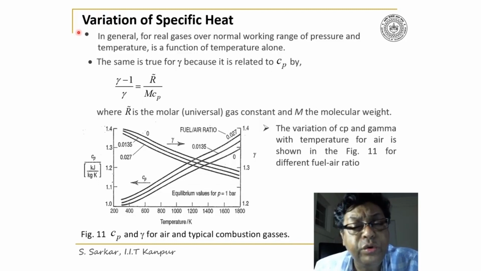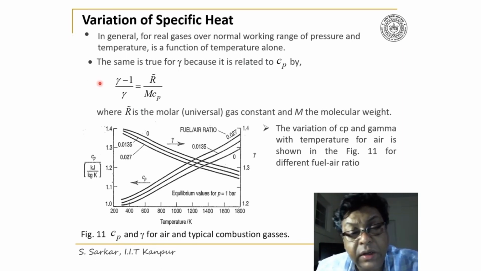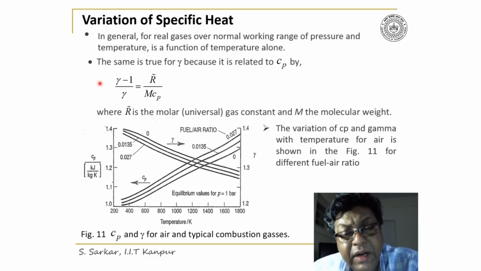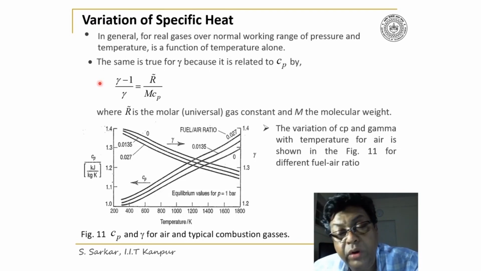And the same is true for gamma, because gamma can be related to Cp by the equation (gamma minus 1) by gamma is equal to R tilde divided by m by Cp, where R tilde is the universal gas constant and m is the molecular weight.